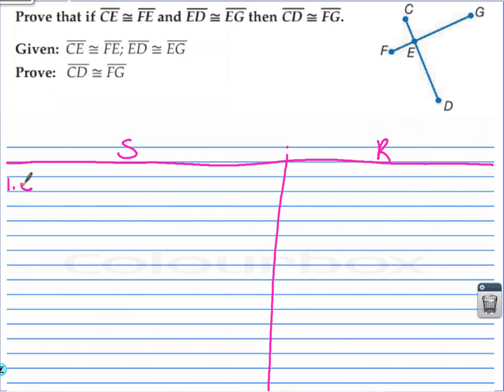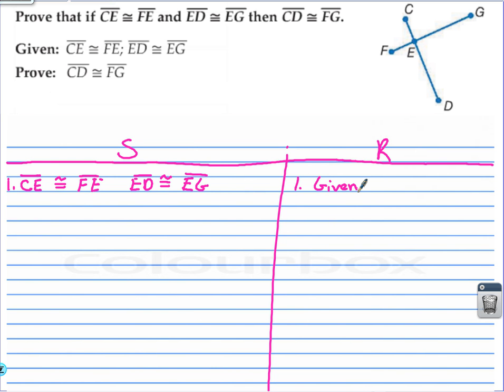and I am going to list these. We're given CE is congruent to FE, and we're given that ED is congruent to EG. Given. Never miss that.